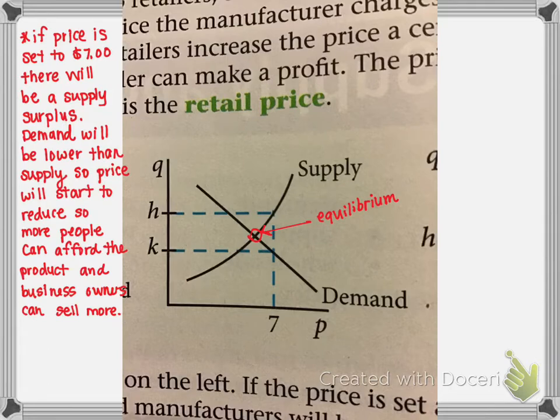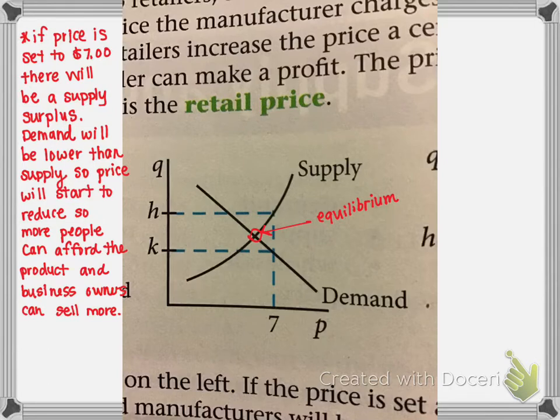And so what's going to happen is they're going to reduce the price or have these short sales where the price is going to be lowered. And so then therefore people are more willing to spend money on that shirt. And so the business owners are going to be happier because they're going to sell more. And the consumers are going to be happy because they're not having to pay as much.